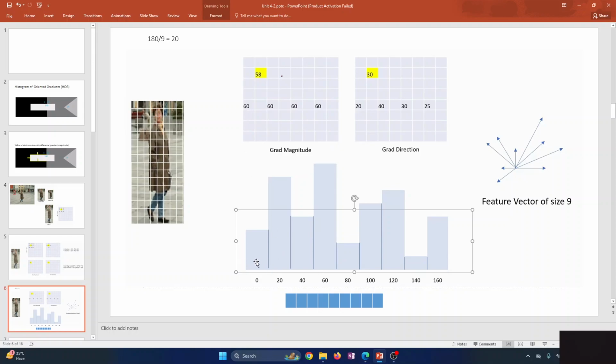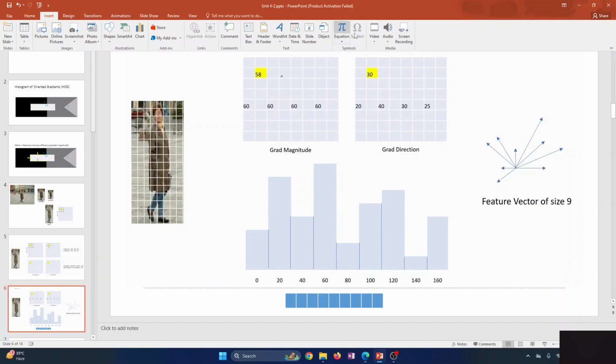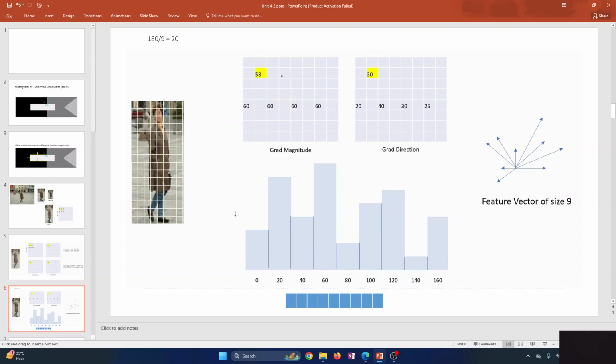So first of all we'll ignore this 0, and in the 20 we'll simply write 60.